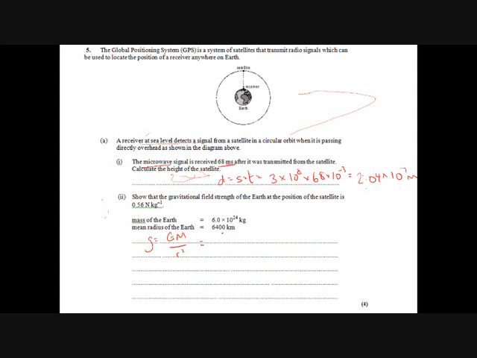So that is 6.67 times 10 to the minus 11 times the mass of the Earth, 6.0 times 10 to the 24, divided by, and the only trap in here is that the r is the 2.04 times 10 to the 7, which we've just worked out was the height from the surface of the Earth, plus the 6.4 times 10 to the 6, or 6,400 times 10 to the 3, squared. Be careful here. That of course gives you 0.56 newtons per kilogram.